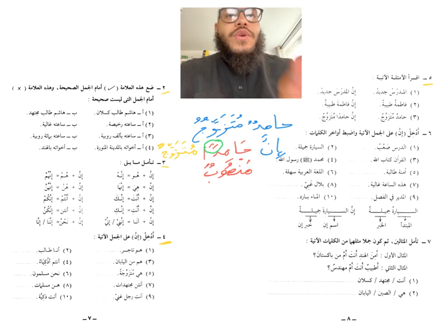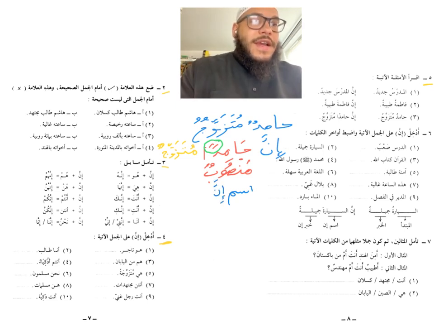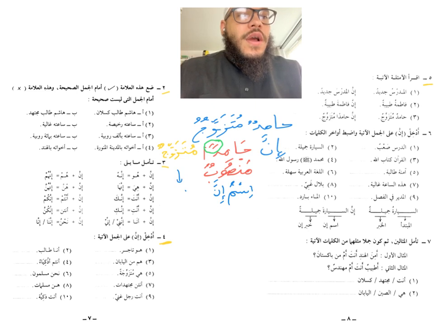However, what do we call these nouns? Hamid is called ismu inna. The noun that comes after inna is called ismu inna. So this is the noun that's been affected by inna. Then this is called khabaru inna. Because before, this was just called Hamid, just the mubtada.